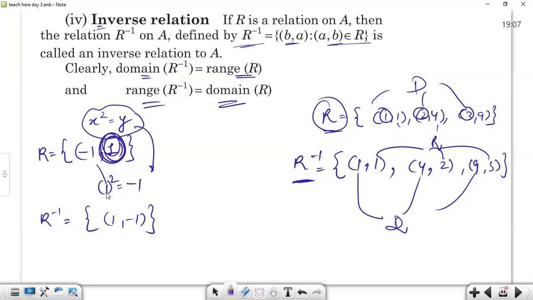So is the square of the first element equal to the second element? Is it so? No, couldn't understand, sir. Okay, let's discuss it today only.